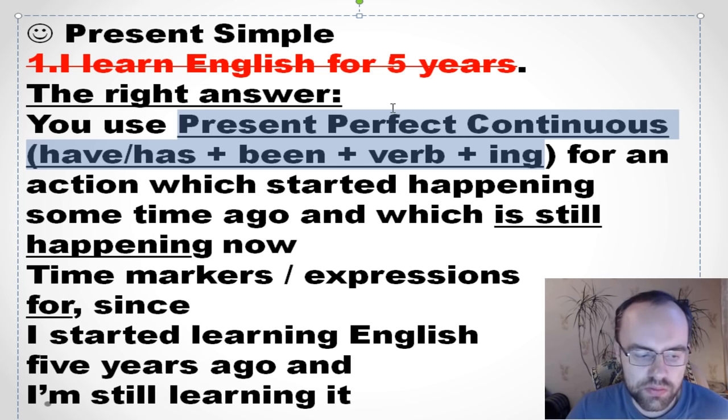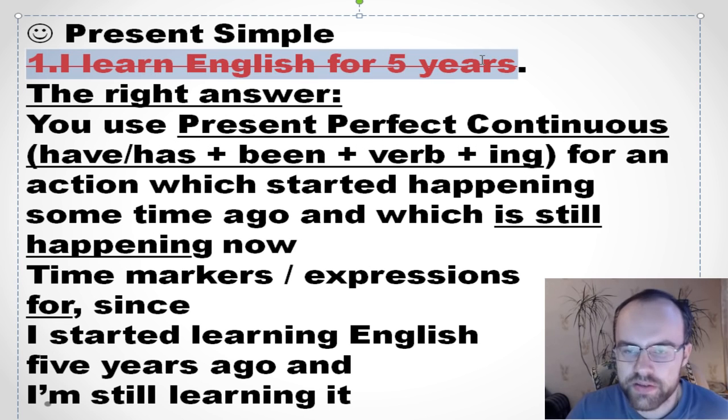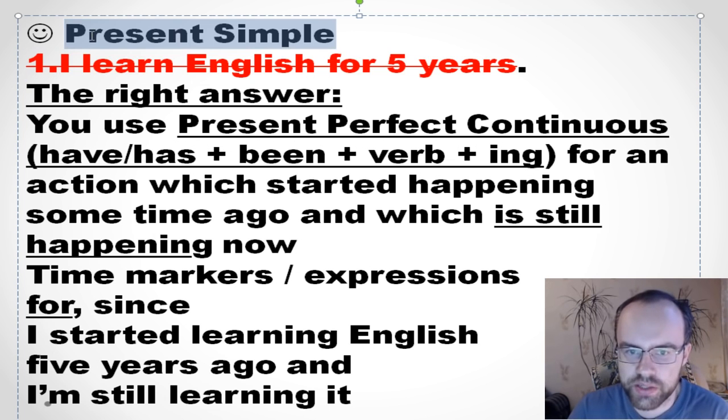And you know that foreigners make this mistake very often. Yes, please don't make this mistake. Say it correctly. Okay, how will you say it? How do we say it in English? So the correct answer is, it isn't present simple, okay?